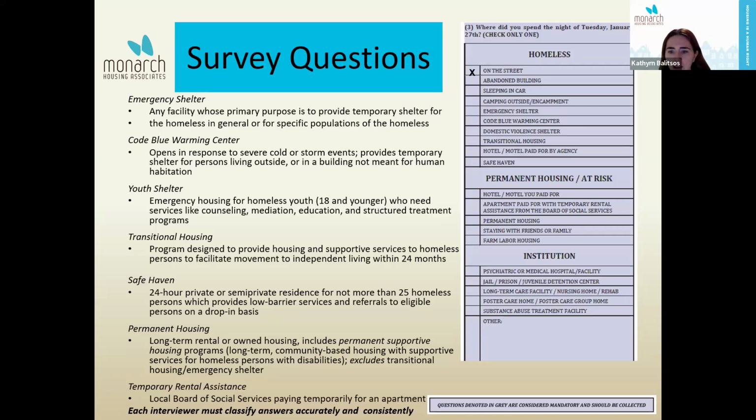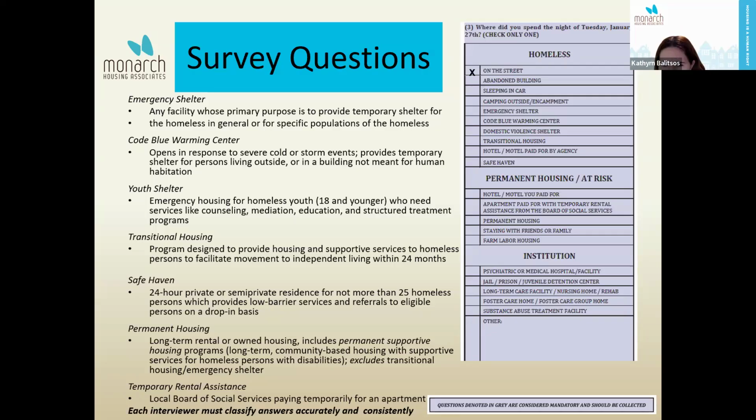Okay, I see a couple of questions. Please provide an example of SH. For safe haven, if it's not actually a specific safe haven location, you would not be putting that. That's a defined service. That's correct, Susan.